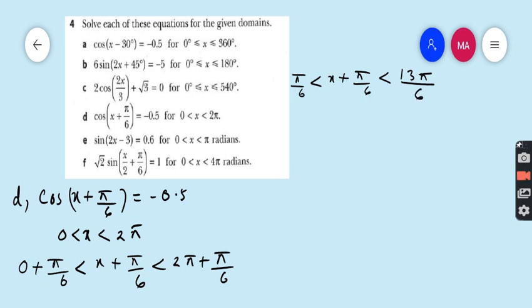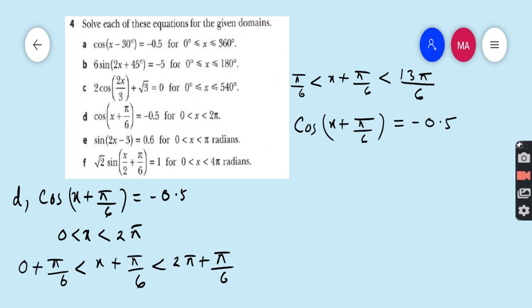So our question is cos of x plus pi by 6 is equal to minus 0.5, and we have to find all angles for this value from pi by 6 to 13 pi by 6.